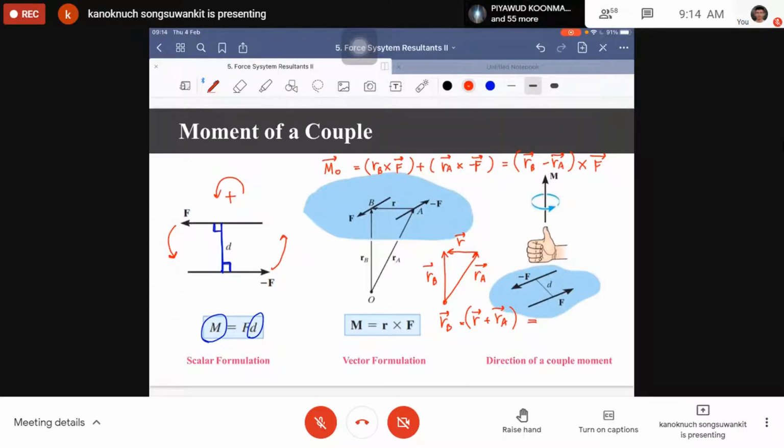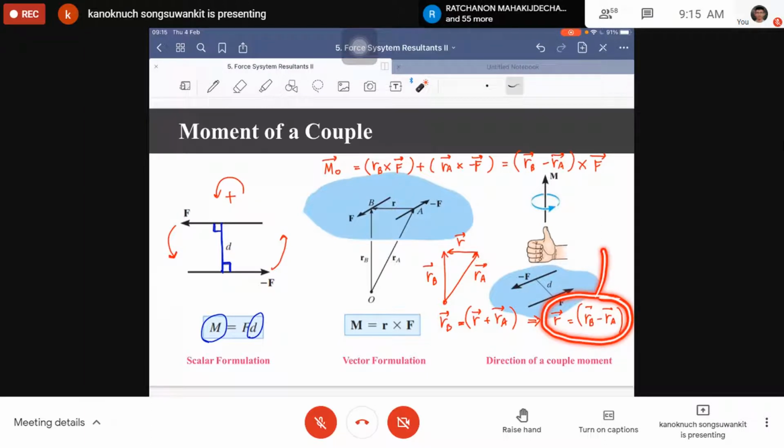So let's switch its place and make it the position vector R, which is equal to RB minus RA. Then we can replace this into the equation, and finally we have the position vector R cross the force vector F, as shown in this square.